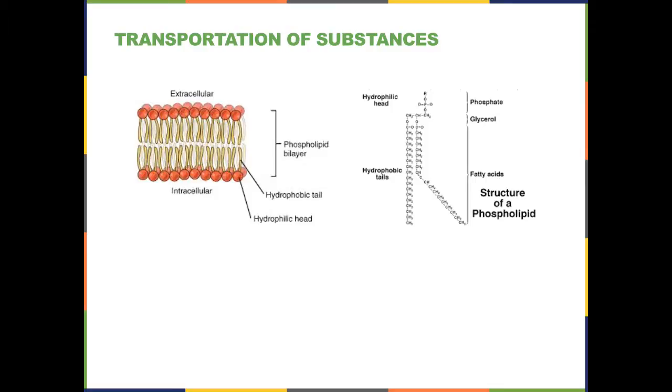the plasma membrane. Now, the plasma membrane is called a phospholipid bilayer. So let's unpack that word phospholipid and bilayer. This is what's known as the phospholipid, and this is an expanded picture of a phospholipid.